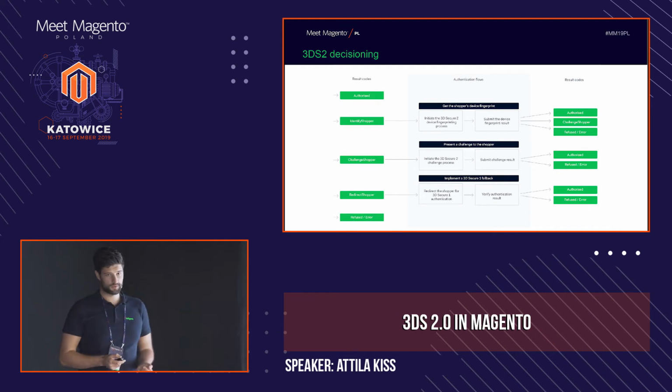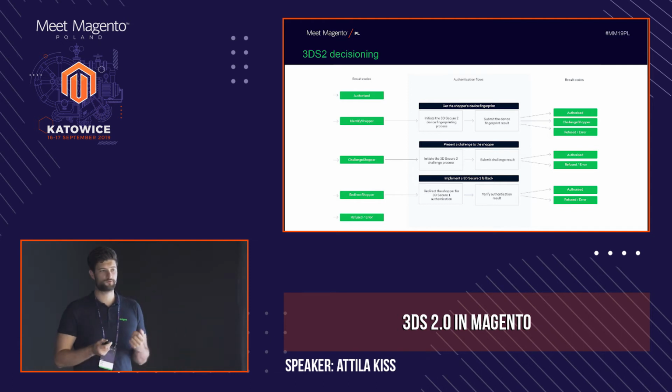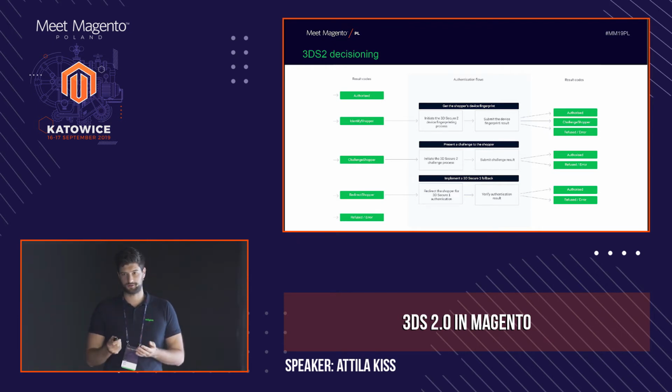With 3DS2, we had to introduce IdentifyShopper and ChallengeShopper, which is the third one. The idea behind IdentifyShopper is that the issuer bank needs to render an iframe in your checkout flow. It's usually a 1 pixel iframe, which simply gathers data from the checkout, from the device or the browser that the customer is using for the checkout.